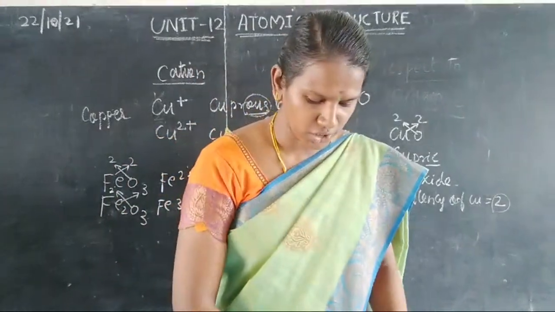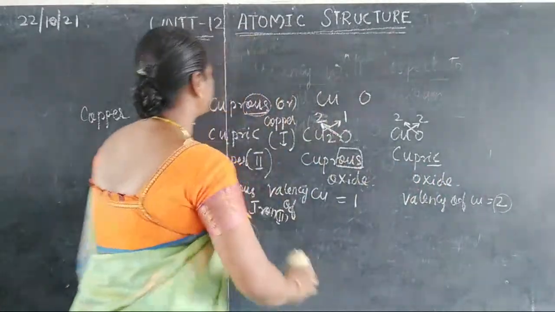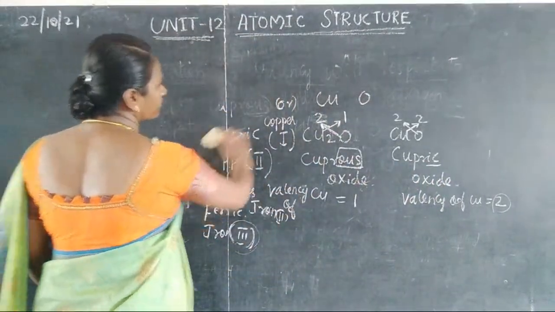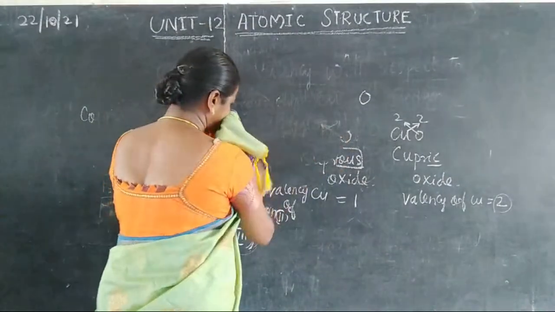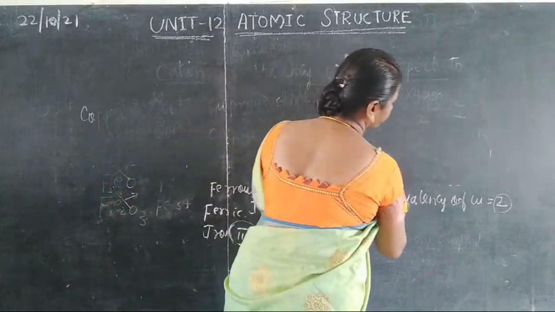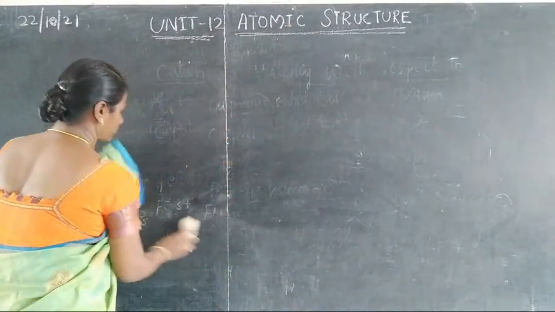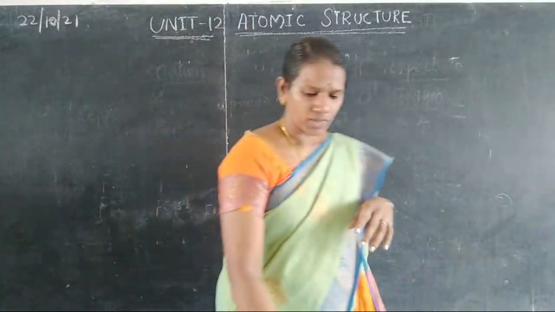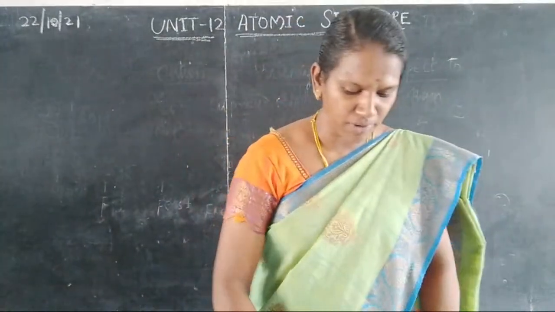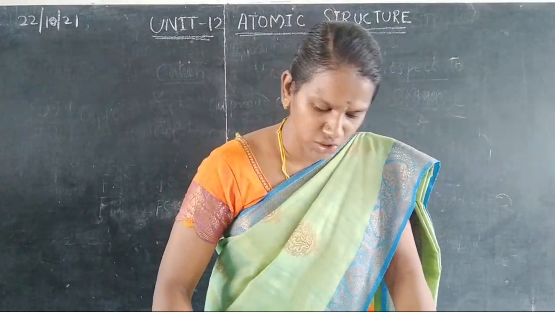Next, we are going to continue with the ions. So what is meant by ions? We already have the idea of ions. In an atom, the number of protons is equal to the number of electrons, and so the atom is electrically neutral.